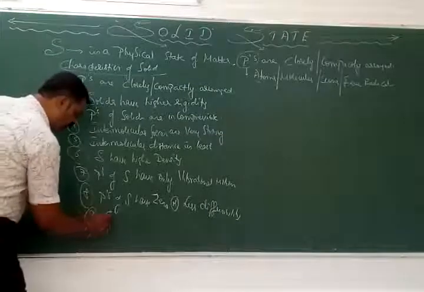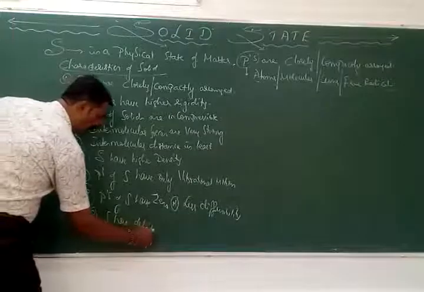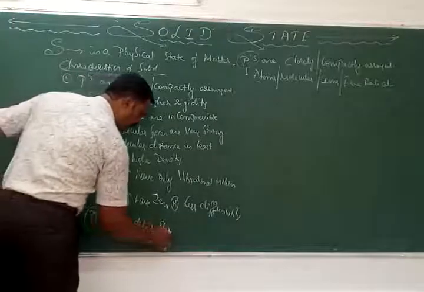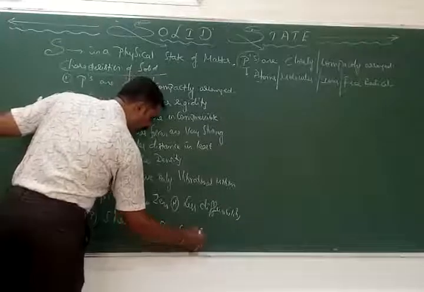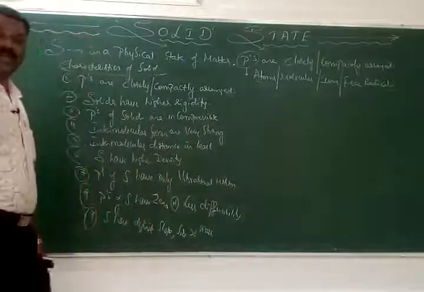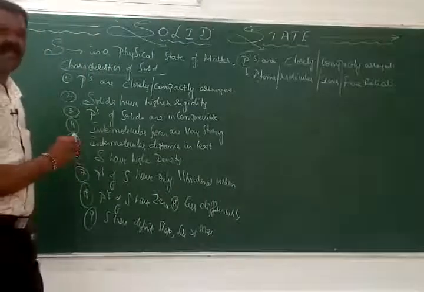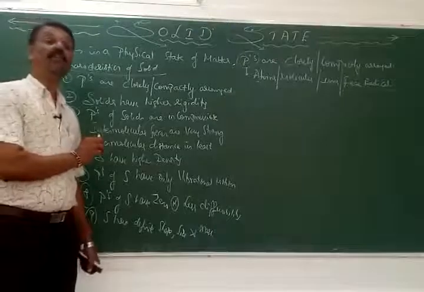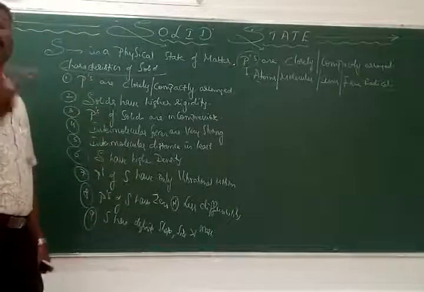Then solids have a definite shape, size, and definite mass. Why? As the particles are very close and compact, they can have a definite shape, though it is not an exact characteristic, because amorphous solids don't have an exact shape.